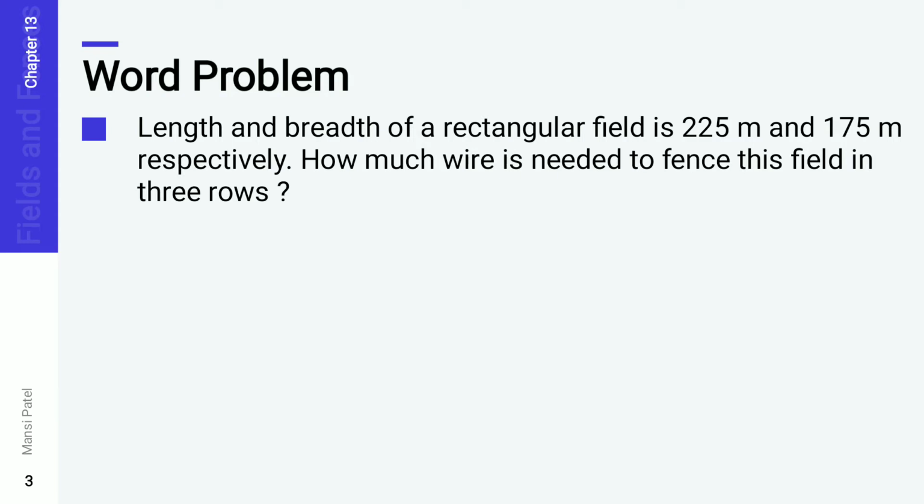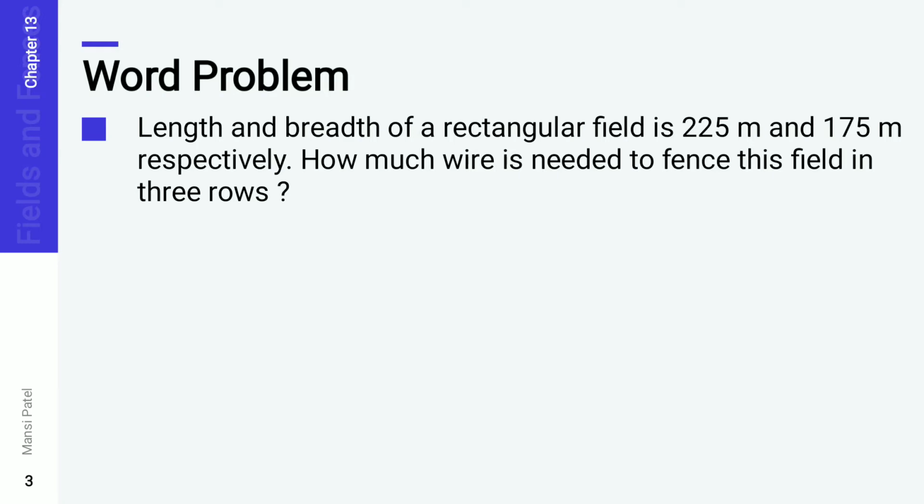Now here they did not mention which is the length and which is the breadth of the rectangle. But they gave one word, that is respectively. What is the meaning of respectively? Whatever they give, the first measurement is for the first thing.